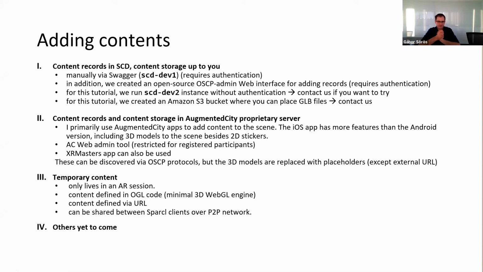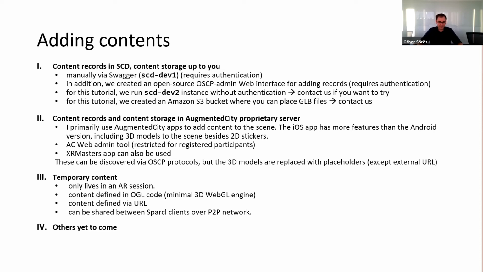We also created a second instance called SCD Dev2, which doesn't require authentication. But since it's been running a week, it has crashed several times already because people started flooding stuff in there programmatically. So contact us if you want to try, and we can give you the exact addresses.